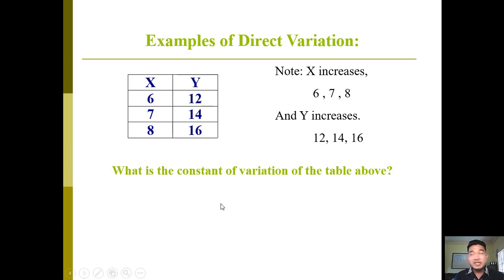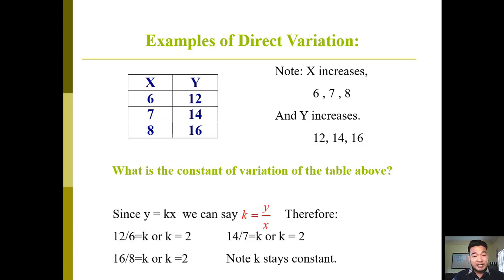So the formula, once again, k is equal to y over x. There you go. K is equal to y over x. Therefore, 12 divided by 6, since y is 12, divided by 6 is equal to 2. Dito naman, sa pangalawa, 14 or y divided by x is 14 divided by 7, which is also equal to 2.